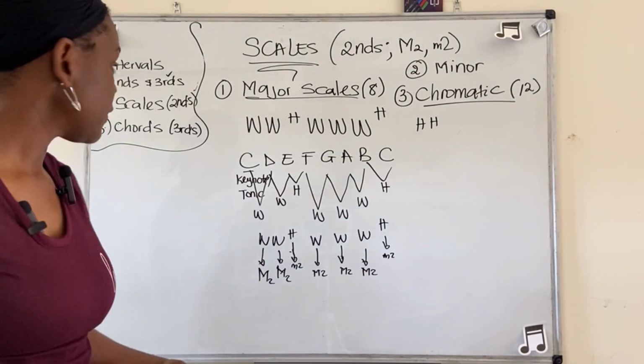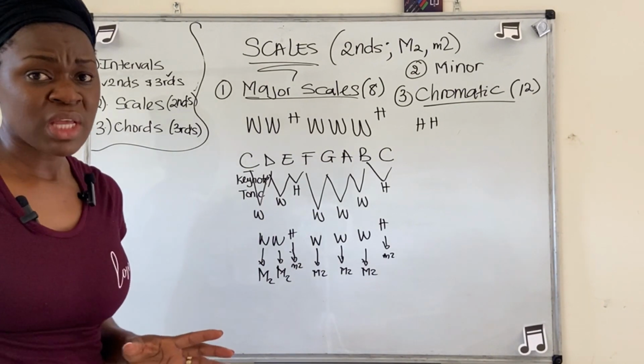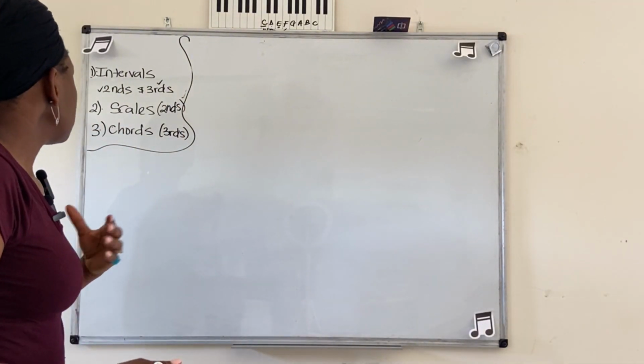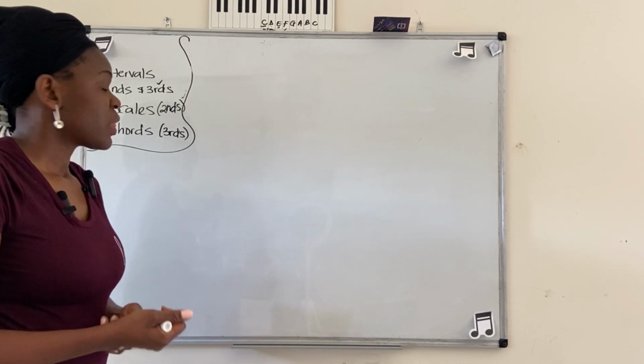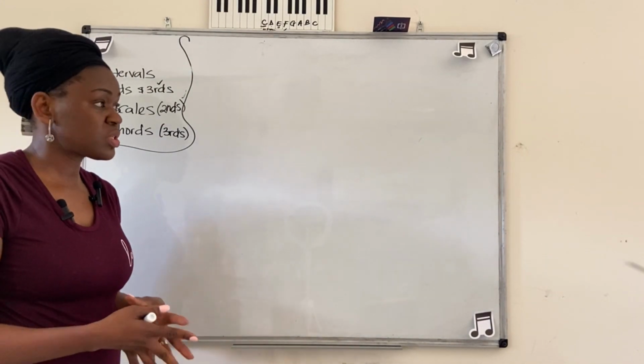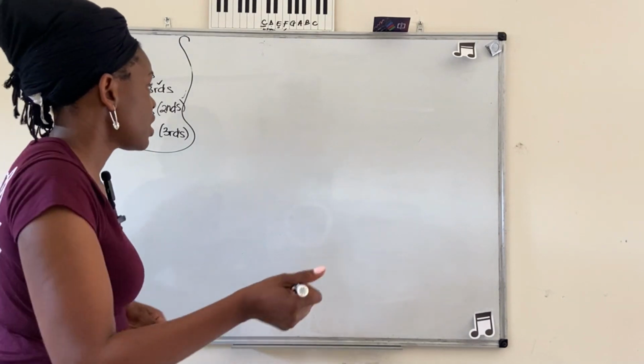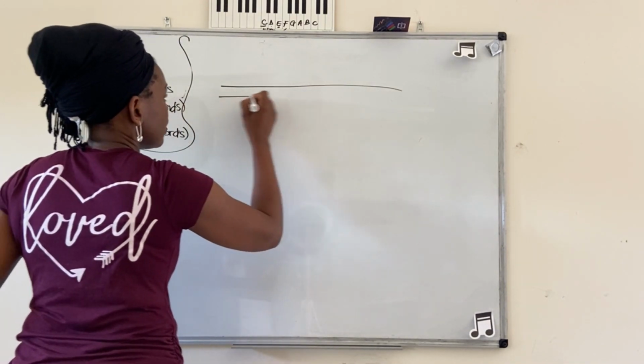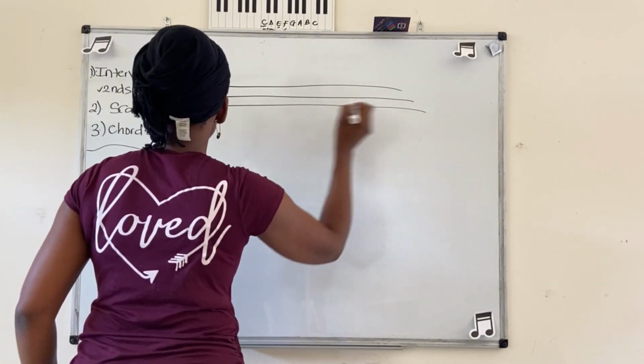And we'll be looking at the different parts of chords, how chords are formed. Now that we've talked about scales, and we mentioned that minor and major seconds are used to form scales, I would just like to quickly show you what a scale looks like on the staff before I go to the chords.